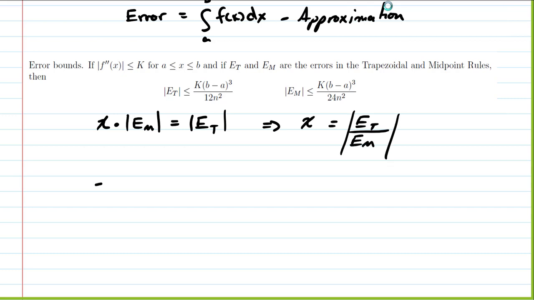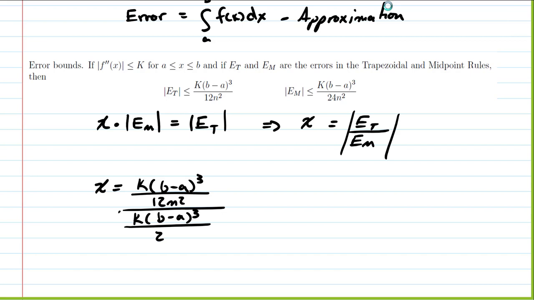If we were to divide these two things, we have a fraction divided by a fraction, divided by k times b minus a cubed over 24n squared.